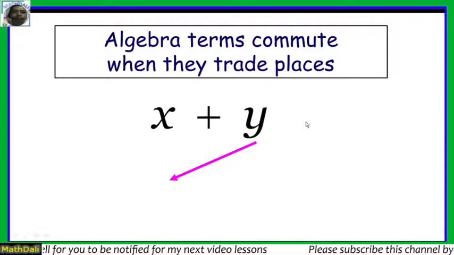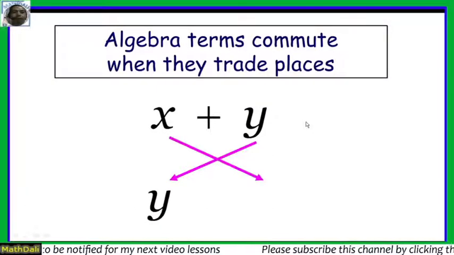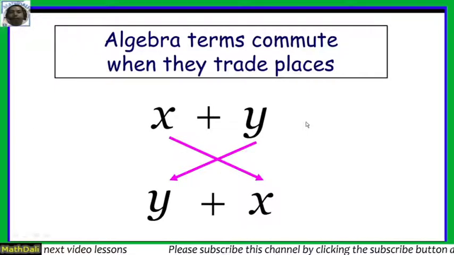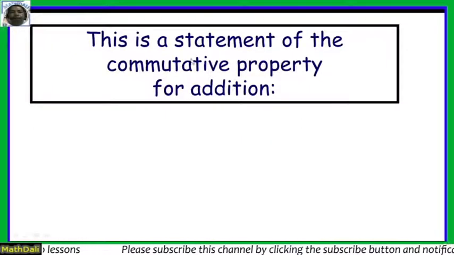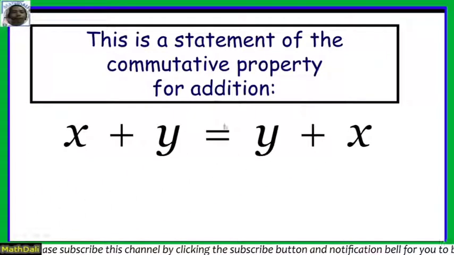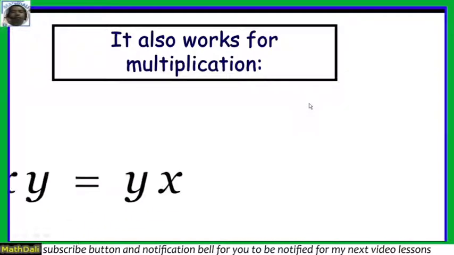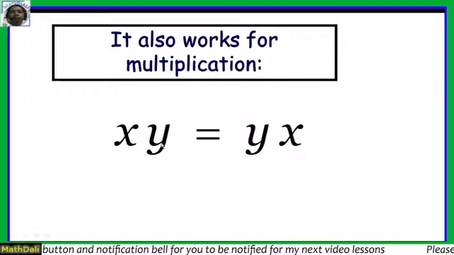X plus Y, interchange, trade places, we have Y plus X. This is a statement of a commutative property for addition. Sabihin yan, X plus Y is the same as Y plus X. It also works for multiplication. X times Y is the same as Y multiplied by X.